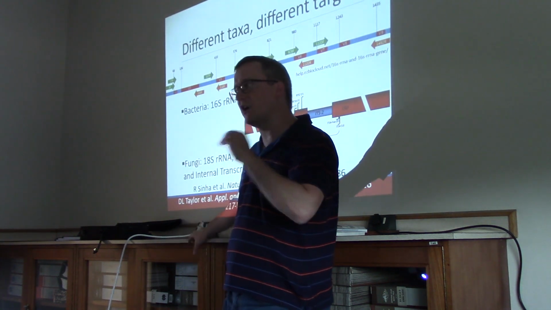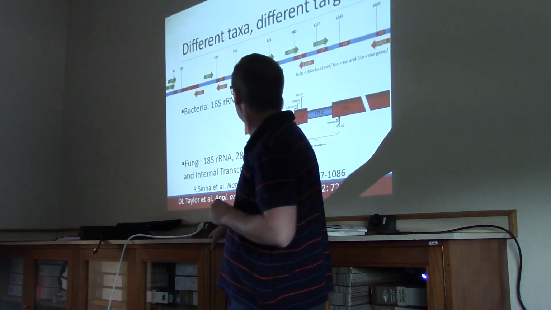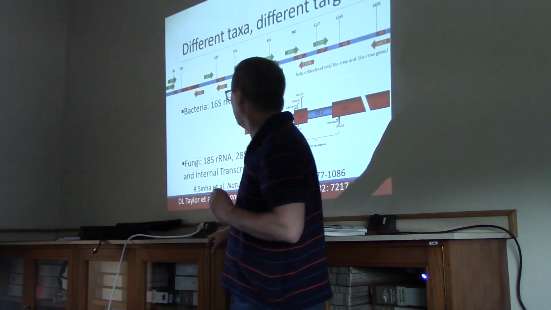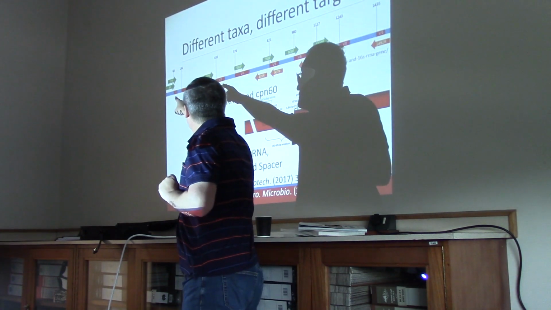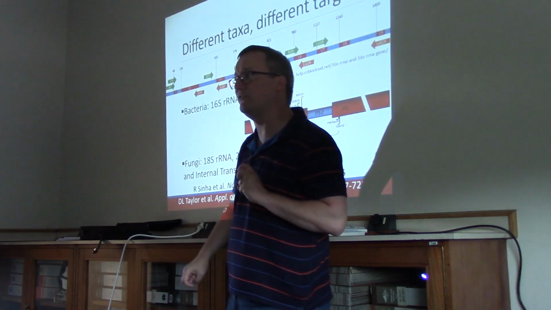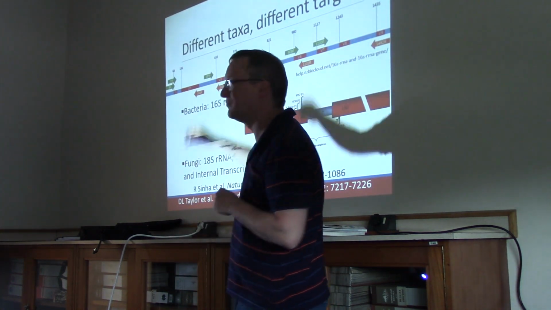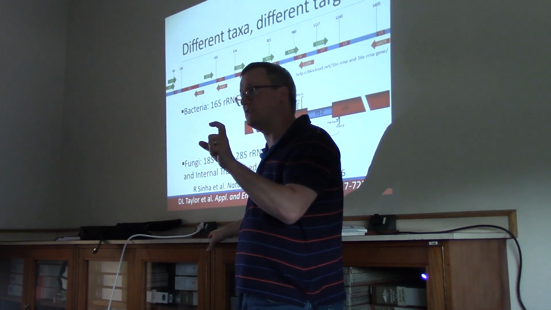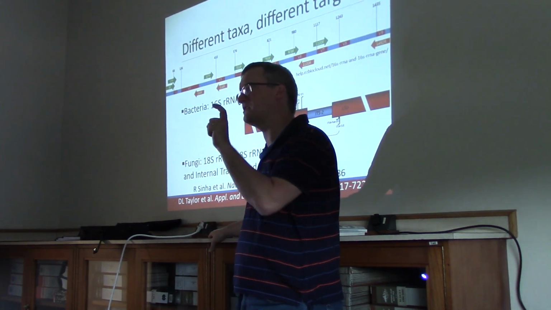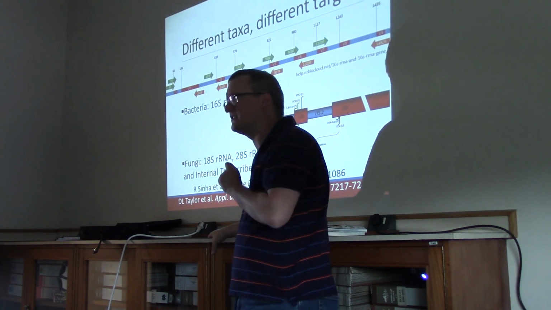So when we target the 16S rRNA, what we're interested in getting the sequence from are these V regions. You see those red ones marked V1, V2, V3? The font's going to be really small from there, but the red bits in this top sequence. Those variable sequences are the ones that help us to resolve which species is present.